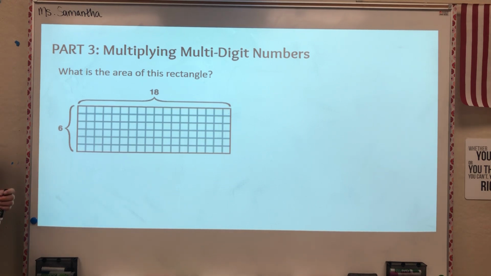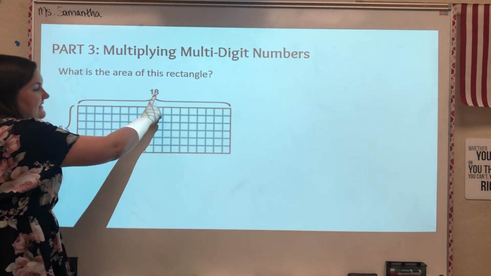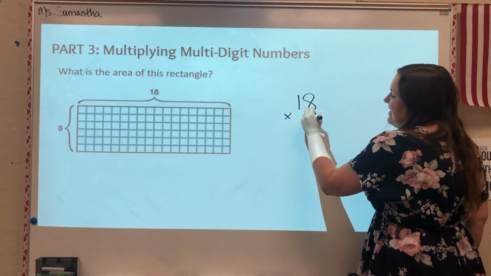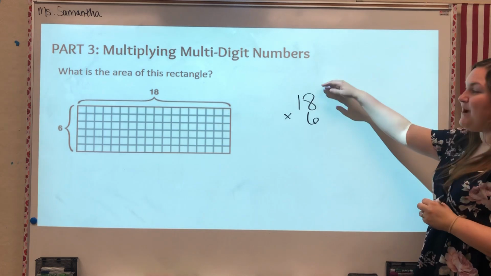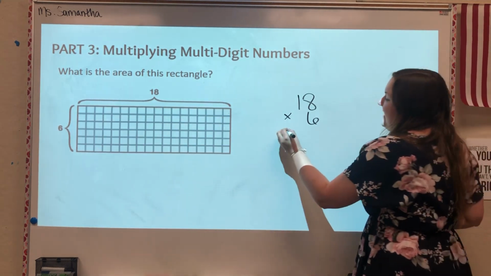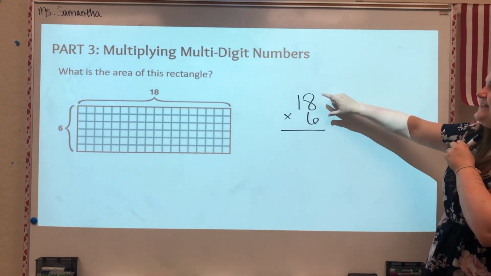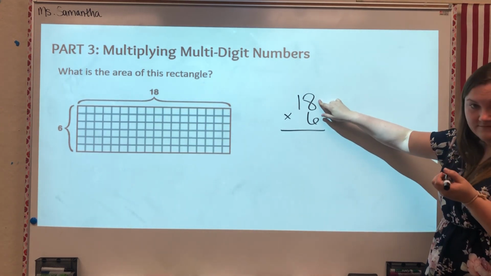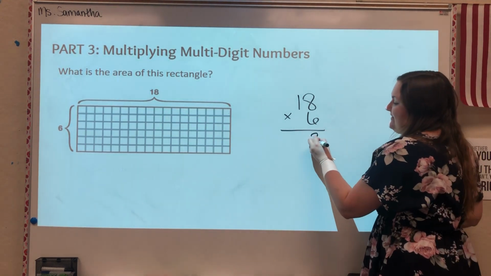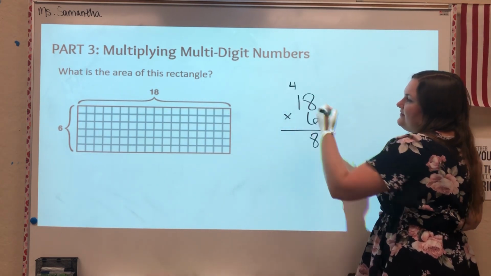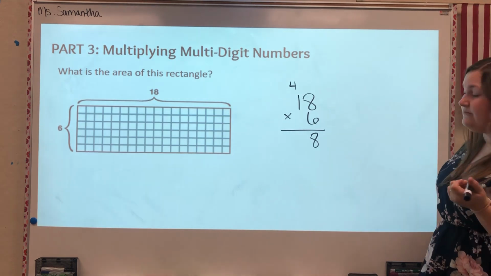The way lots of people are familiar with multiplying these is 18 times 6. So stacking them on top of each other like that. And then starting here with the 6 and saying, well, 6 times 8 is 48. You write the 8 from 48 there, and then you carry the 4, similar to what we did with addition.